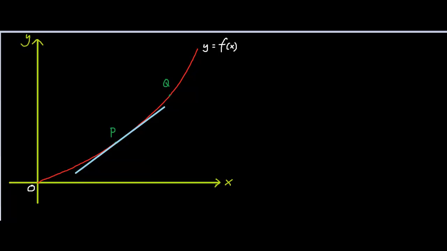You will see that the gradient at this point Q is different to the gradient at the point P. As you can see, these slopes are different. At Q, the slope is much steeper. So, we differentiate to find gradients at particular points on curves.